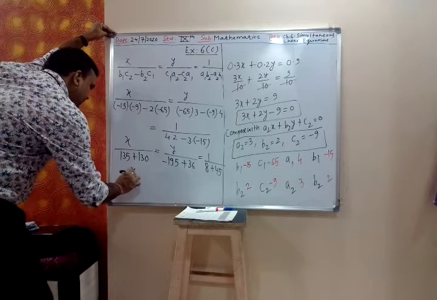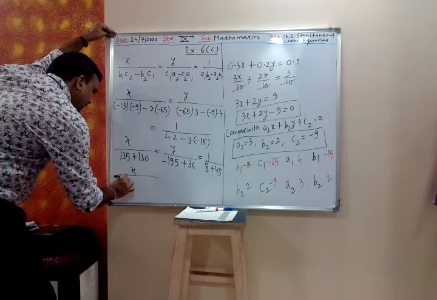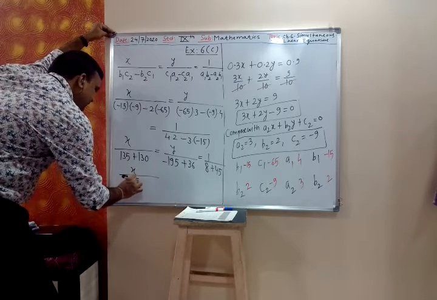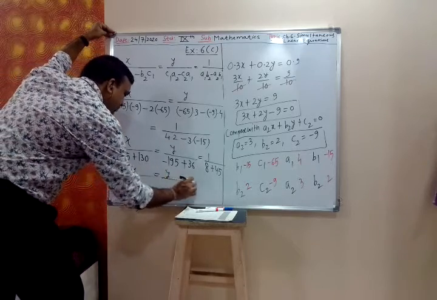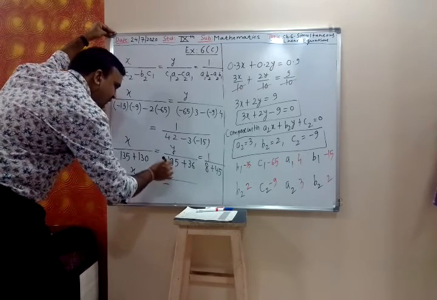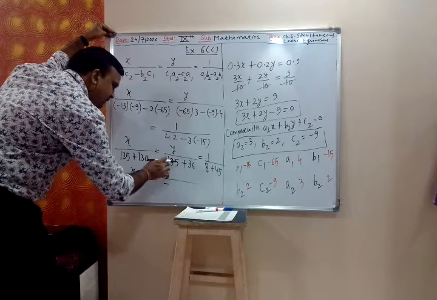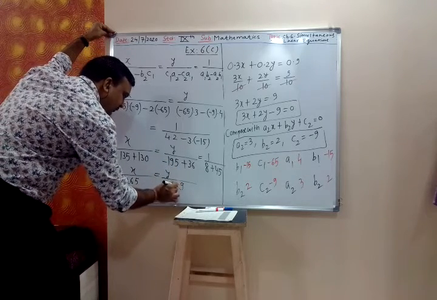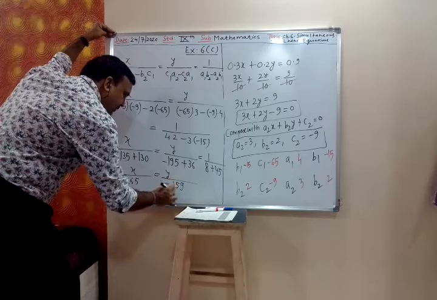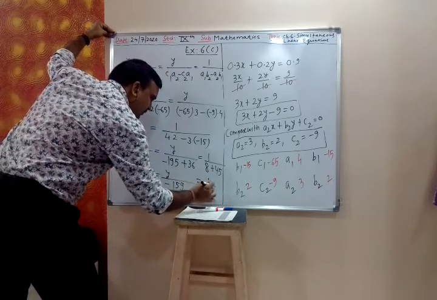So x upon 265 is equal to y upon minus 195 minus 36. It is bigger, minus. So 195 minus 36, 159. Minus 159 is equal to 1 upon 53.